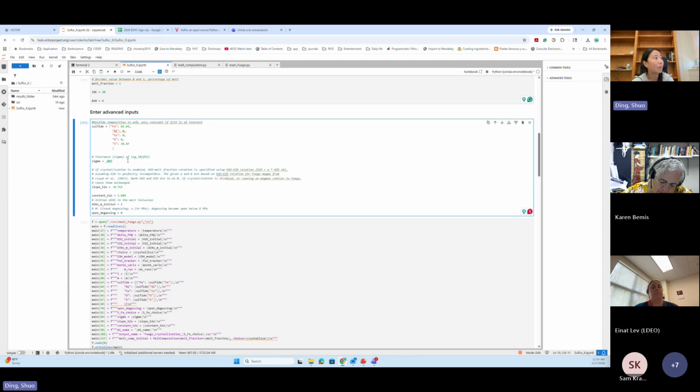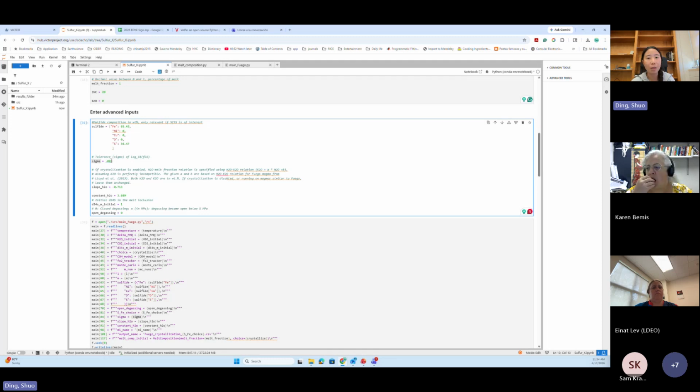When it calculates the fO2, it will iterate, looking for the fO2 that satisfies all the conditions by a lot of iterations. The iteration will stop when the fO2 difference is smaller than a certain value. So this is the value we're looking at, and this is in log 10.